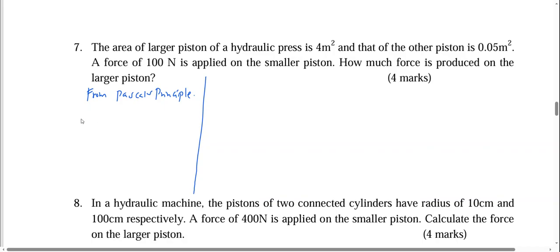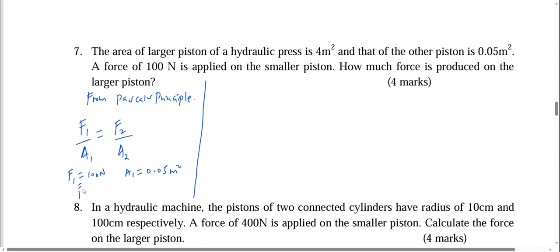Therefore, we have force 1 all over area 1 is equals to force 2 all over area 2. Now our force 1 for this case, it is 100 Newton. Our area 1 is 0.05 square meter. Our force 2 we don't have.